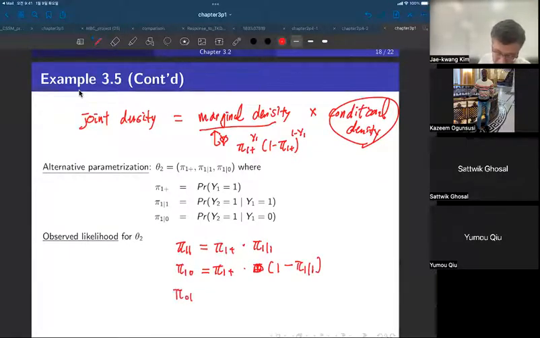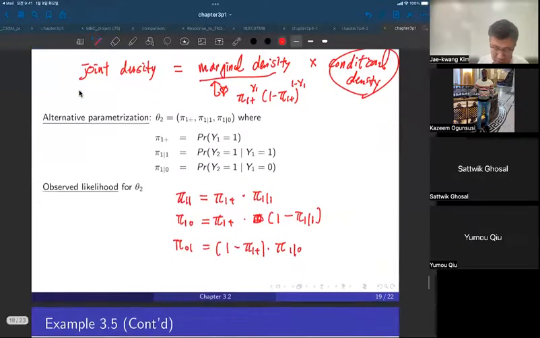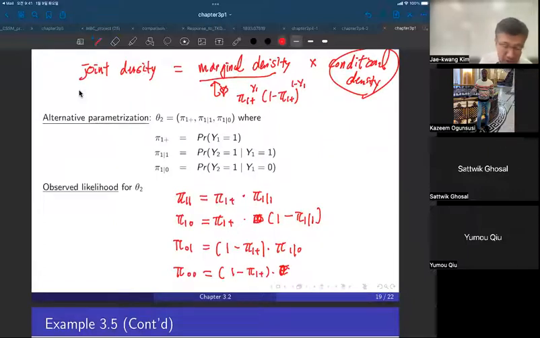Pi 0,1 equals 1 minus pi 1 plus times pi 1 given 0. Pi 0,0 equals 1 minus pi 1 plus times 1 minus pi 1 given 0. It's confusing.